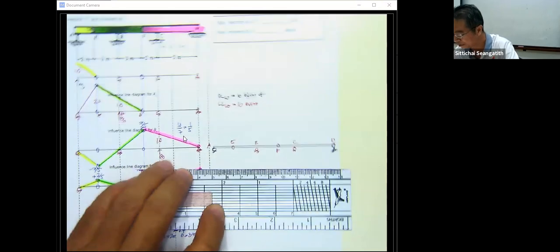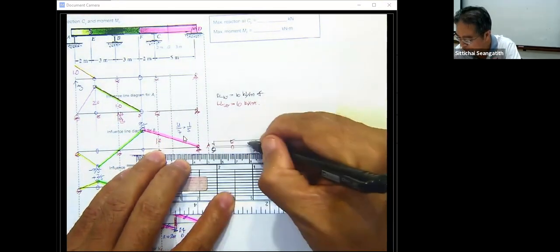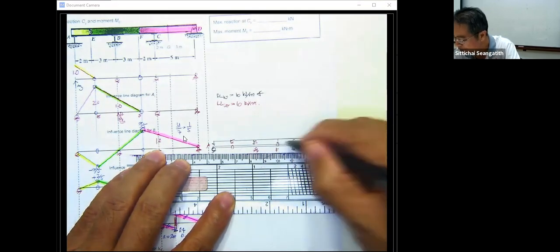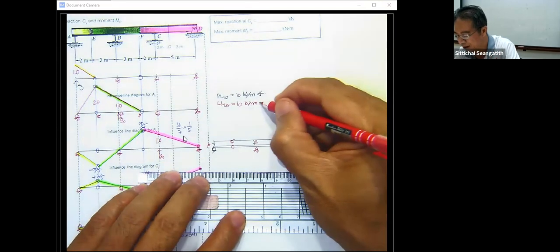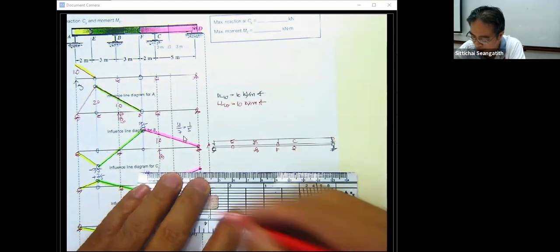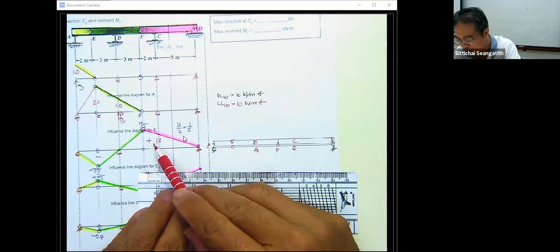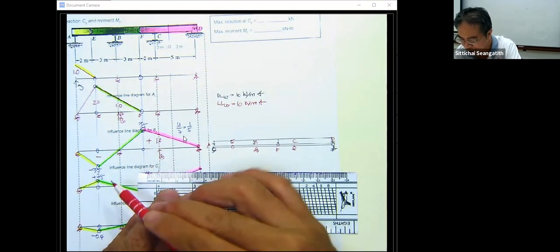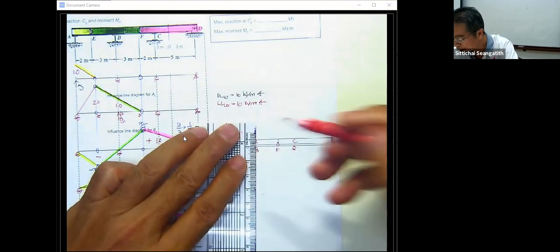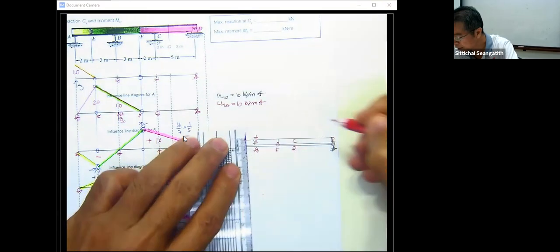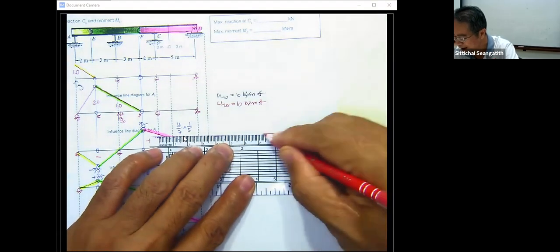For example, this dead load is going to be along the length. It will cover this back one, but this one will have the shape depending on the influence, and since the positive influence is larger than the negative influence, this one will have 10 kilonewton per meter. Okay, like this.